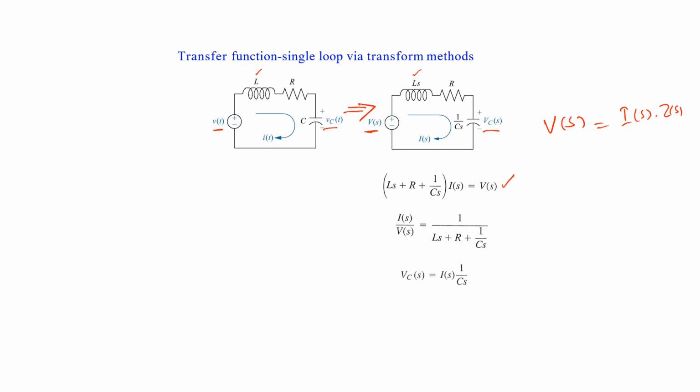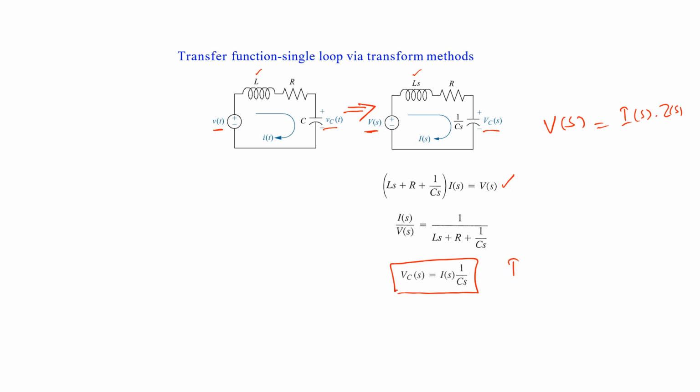And from here we can find the I of s by V of s, but as we want to find the transfer function between Vc and V of s, we also know that Vc is related to the current by this equation.